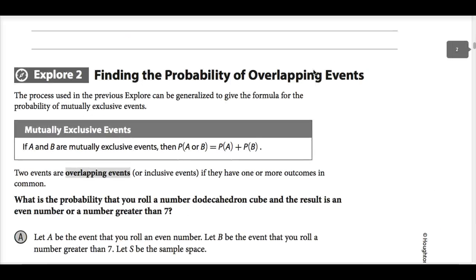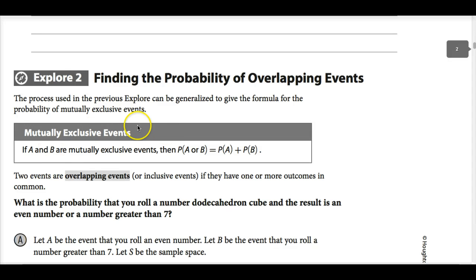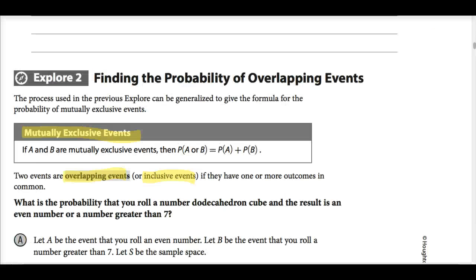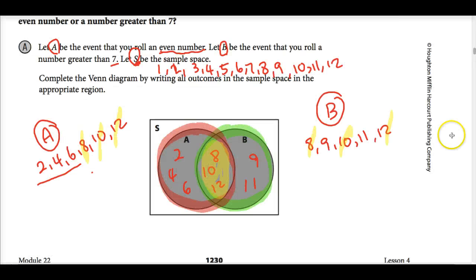Mutually exclusive events or overlapping events or inclusive events, these are all the same things that we're talking about. That is when we have something in common, as we have witnessed right here.